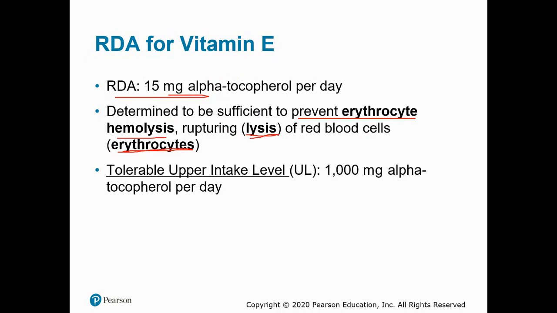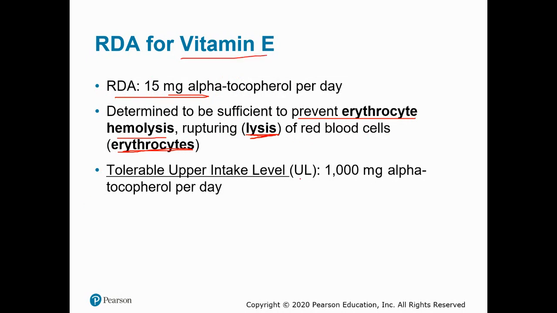And lysis, hopefully you're starting to identify this as meaning break apart. So one might argue that having just enough vitamin E to prevent erythrocyte hemolysis might not be quite enough, right? Because maybe we want more than just preventing our red blood cells from breaking apart.